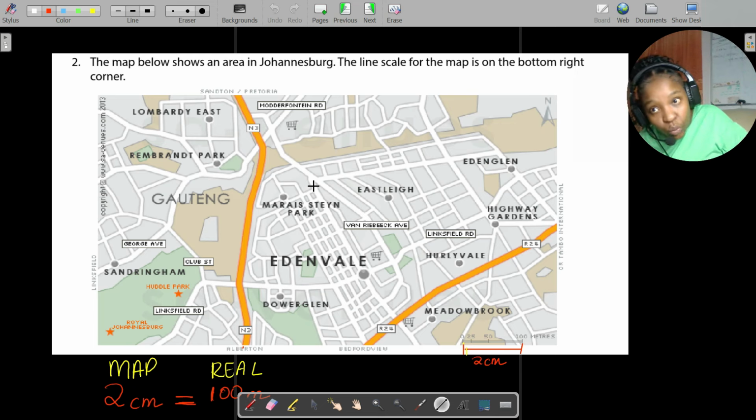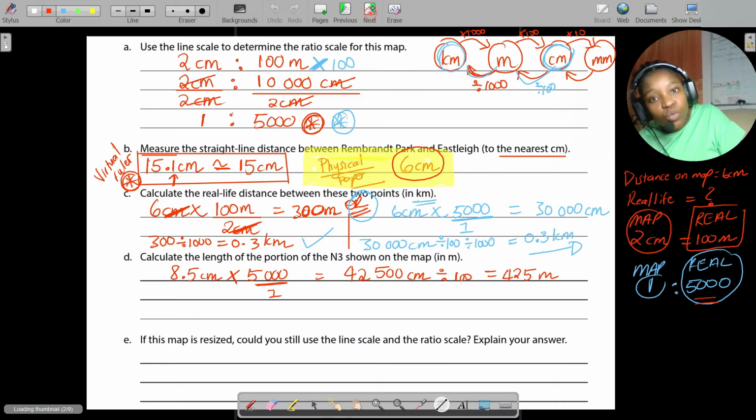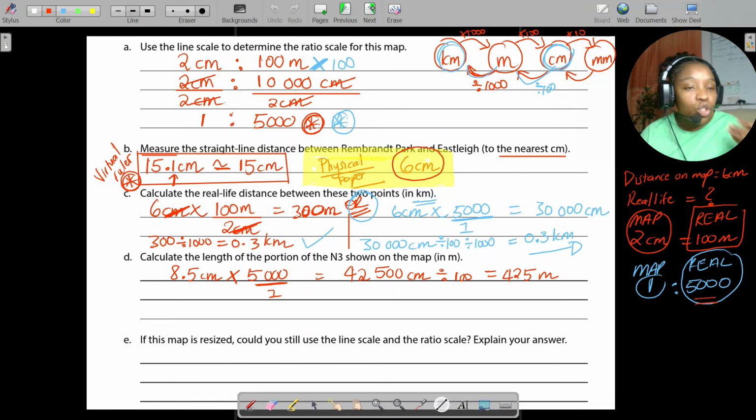So the first thing that we have to do is determine the length on the map. But now they actually just want you to determine the length of the N3 in real life. It wasn't really clear, but they want the length of the N3 in real life, in meters. So that's why we basically did this.